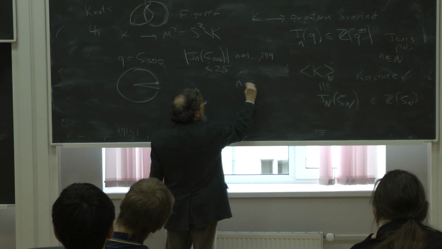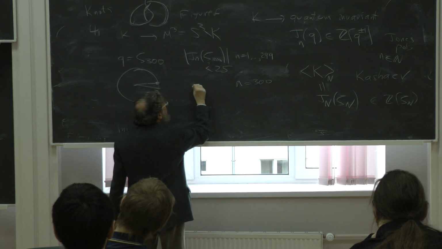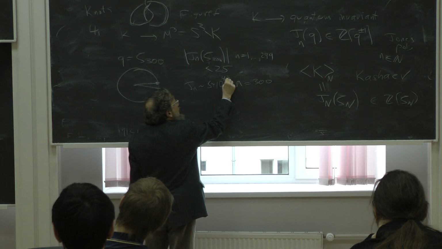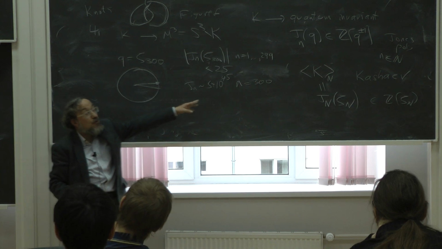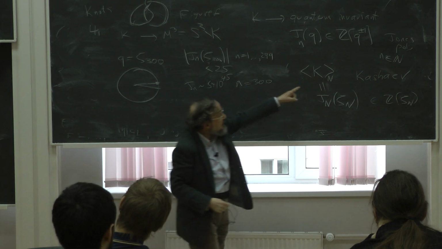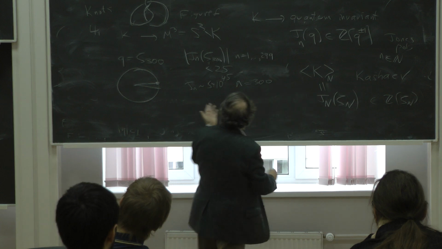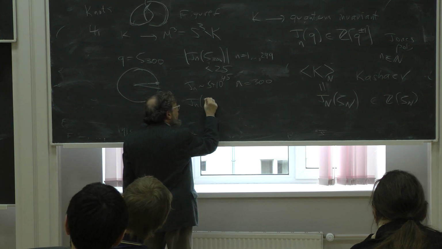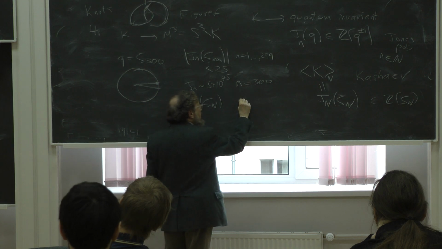But if N is 300, then J_N is roughly 5 times 10 to the 45th. So there's completely different behavior. And this is a true quantum invariant. By this theorem, that's the Kashaev invariant. And by the way, you can show rather easily that if you take J_N of capital N at the root of unity, this has period N.